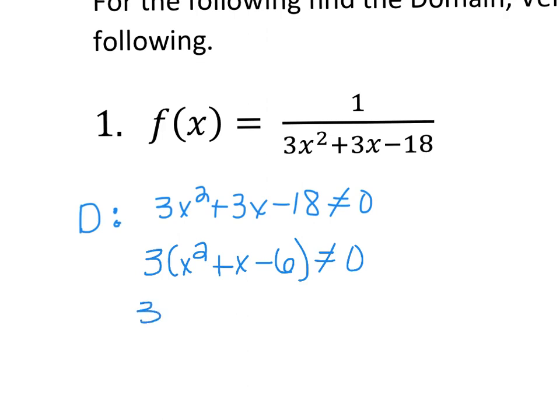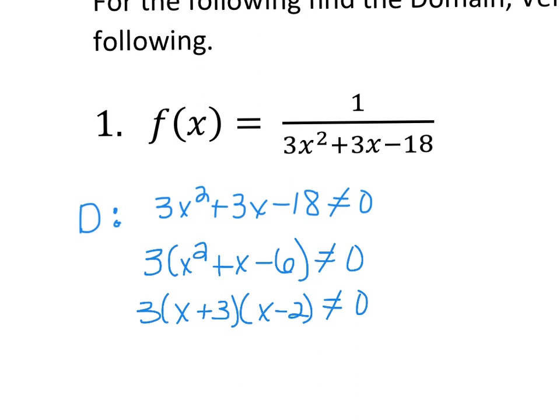All right, so factor this. What times what gives me a negative 6 when I multiply, but a positive 1 when I add? Okay, plus 3, minus 2. I know you said that. I just want to make sure everybody was with me. So now how do I solve this?